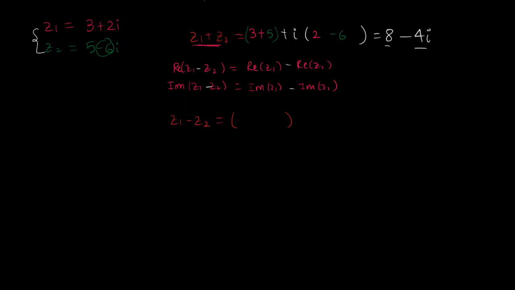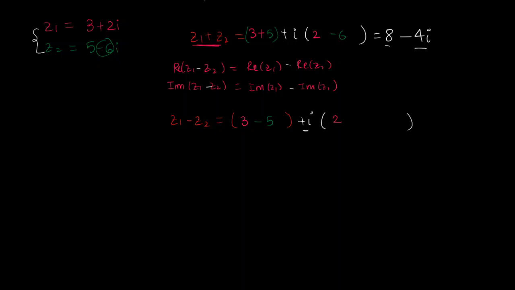The real part of z1 is 3. The real part of z2 is 5, but you have to subtract them. So 3 minus 5. This plus i, we're taking plus just for the sake of convention, so that we have some sort of uniformity. And then the imaginary part of z1 is 2.